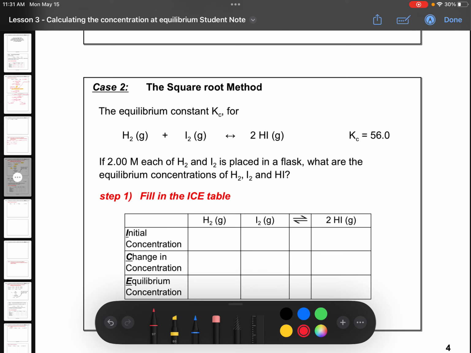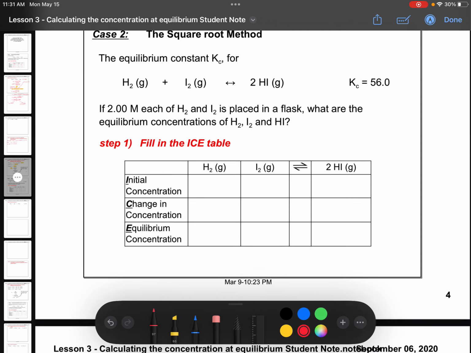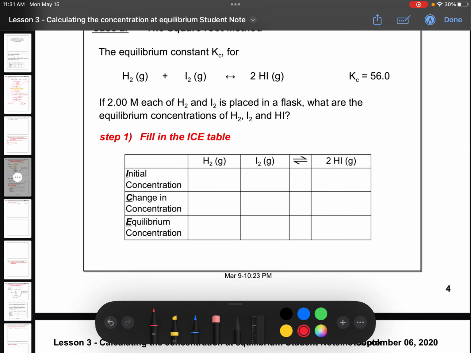The second is the square root method. So we have our equilibrium constant for the following is 56. If 2 moles each of H2 and I2 is placed in a flask, what is the equilibrium concentration of H2, I2, and HI? So first step, always fill in our ICE table. So we have 2.00 moles of both our H2 and I2.